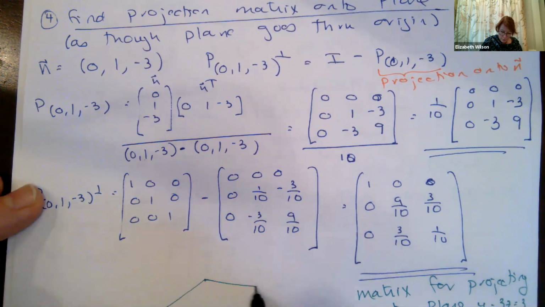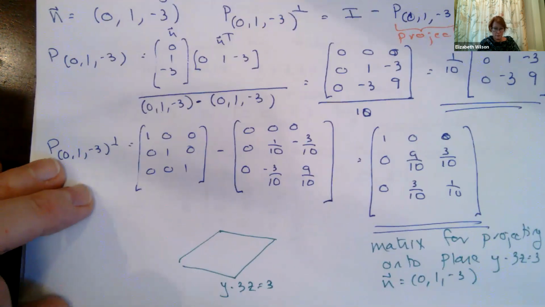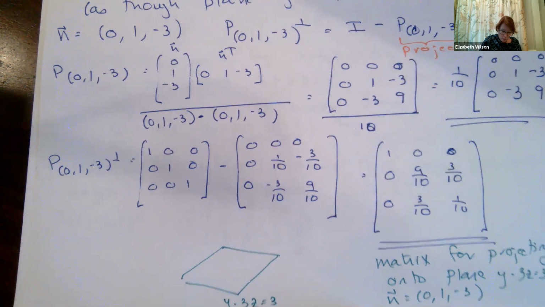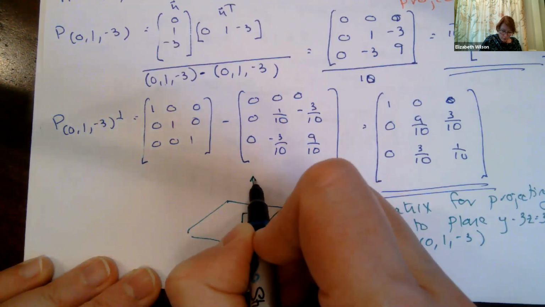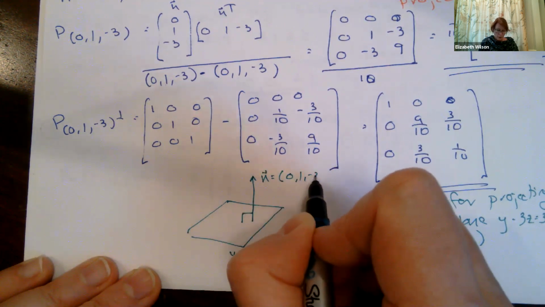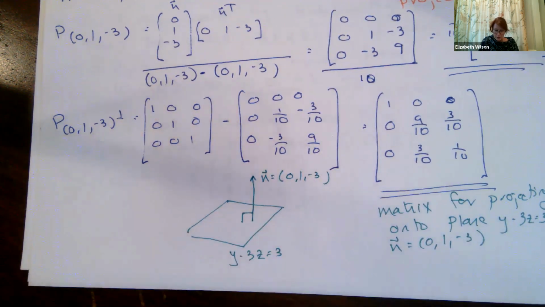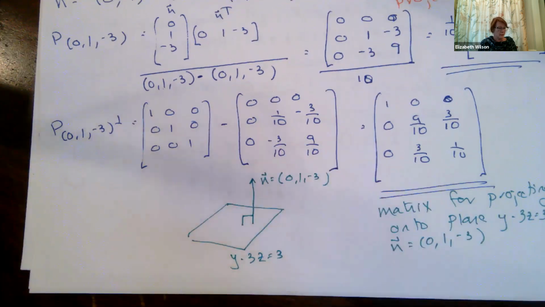I've got a plane. This is y minus 3z equals 3. You guys can't see what I'm writing. y minus 3z equals 3. And this has a normal equals 0, 1, minus 3. Okay, so we're going to project onto this plane here. And this is the matrix that's going to allow us to do that. Okay, so we've done all our setup, right? Now I have to do the transform where I shift the world, transform, shift it back.